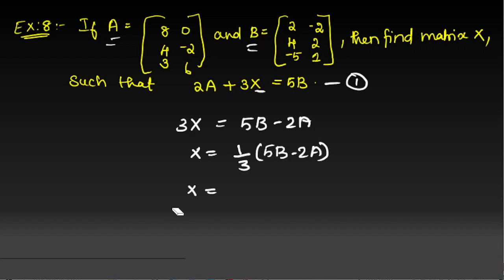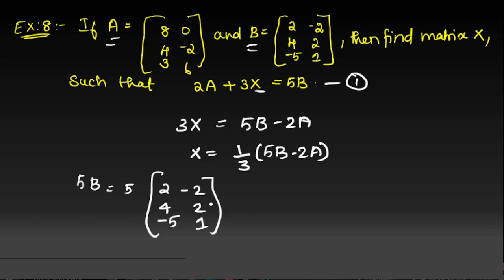Now you know the value of A and you know the value of B. First find 5B. 5B is 5 into B, and you know the B value.